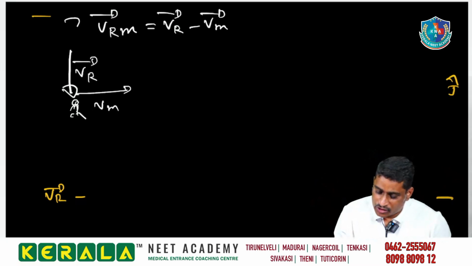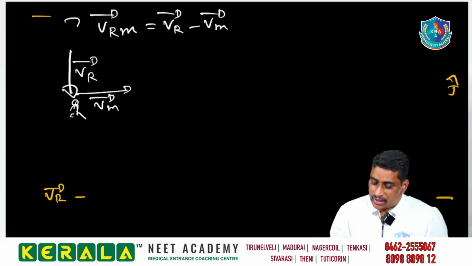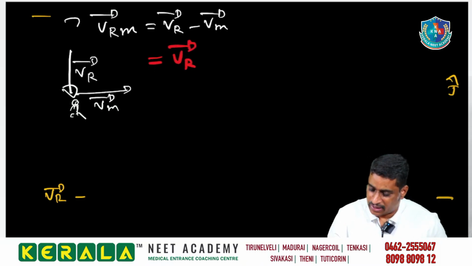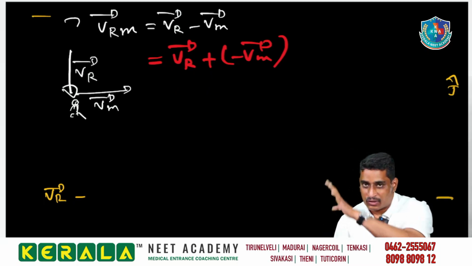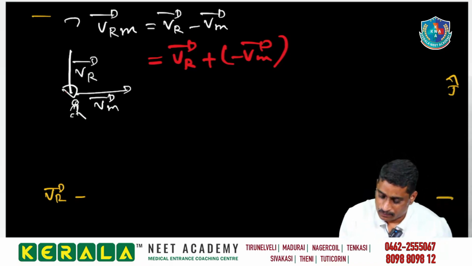When this man moves in the forward direction, from this equation we have velocity of the rain with respect to the man equal to velocity of the rain minus velocity of the man. The same equation we can write as velocity of the rain plus (minus velocity of the man). Suppose the man is moving in the forward direction, minus Vm bar will come in the backward direction.